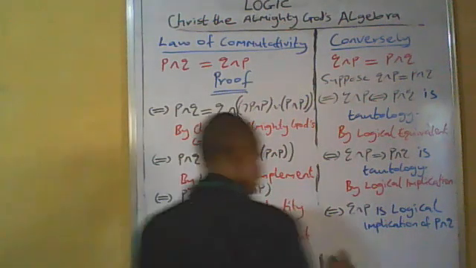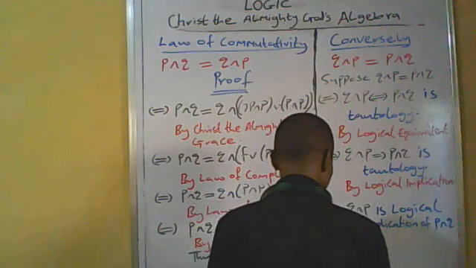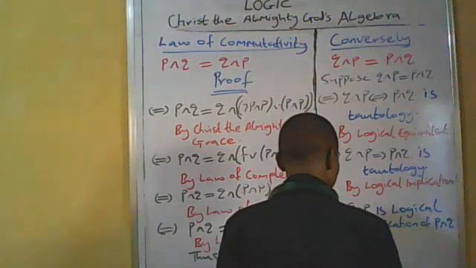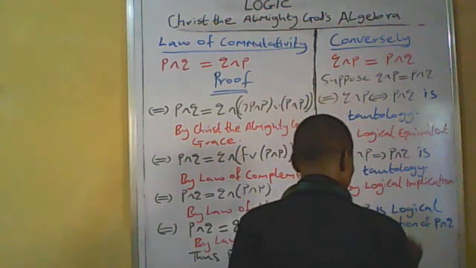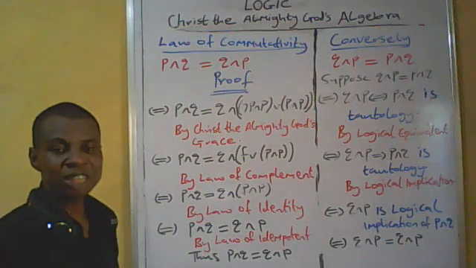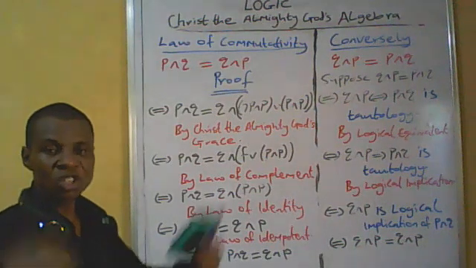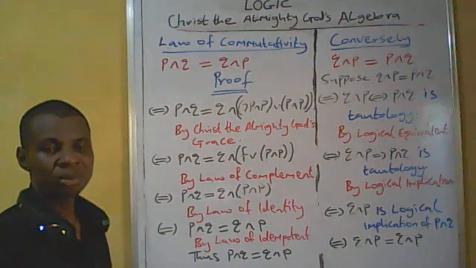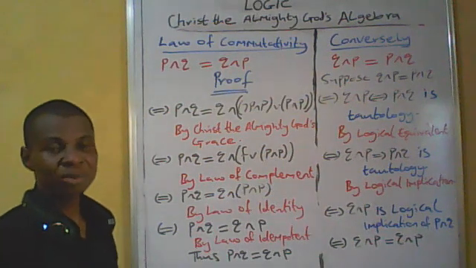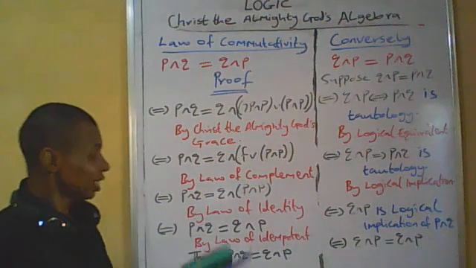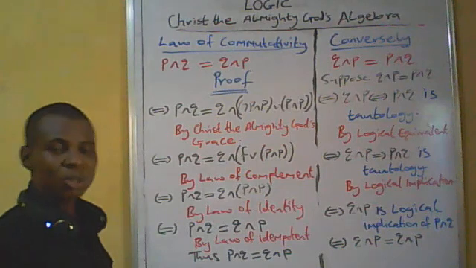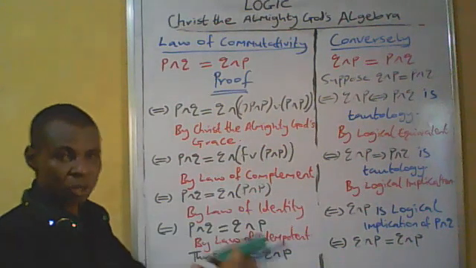So this is true, also this must also be true. Say if and only if Q and P is equal to Q and P. That means the logical implication is equal to itself. Because whenever the left hand side of logical implication is true, also the right hand side of logical implication is also true.